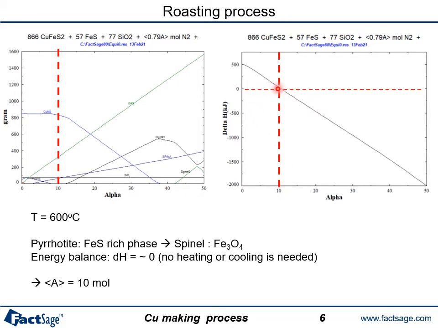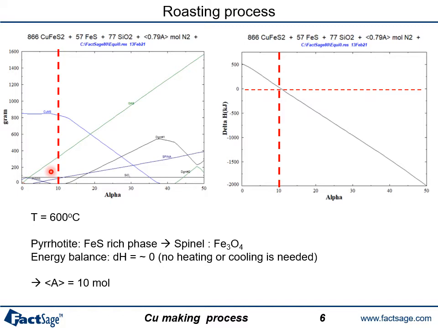Of course, in this calculation, we consider no heat loss. But nevertheless, at about 10 moles of air you have an energy balance of 0, and also at 10 moles of air, you can reduce the pyrrhotite, and then it has a spinel phase.